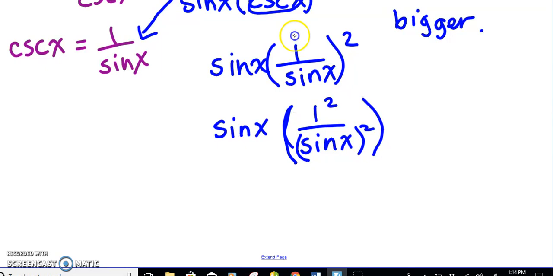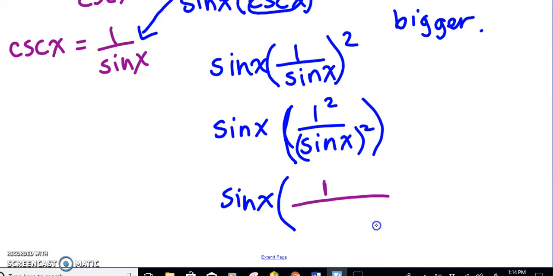I'm going to write this out again so that it can be seen, so nobody's confused. On the top, 1 squared is 1. On the bottom, if we say sine squared, that means we have 2 sines, right? Like x squared is x times x, so you have 2 x's.